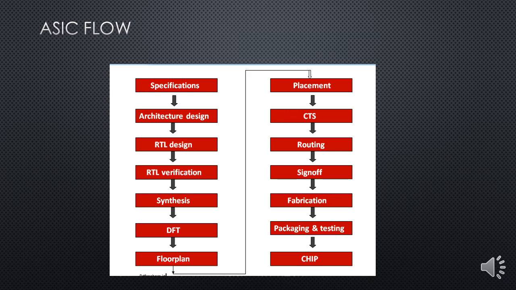ASIC flow. So application specific integrated circuit flow. All the integrated circuits out there in the market, or most of them, will be application specific. That means we develop or integrate a circuit with some functionality in our mind.